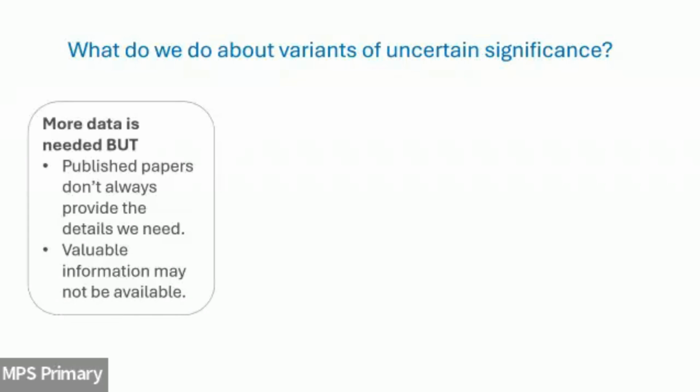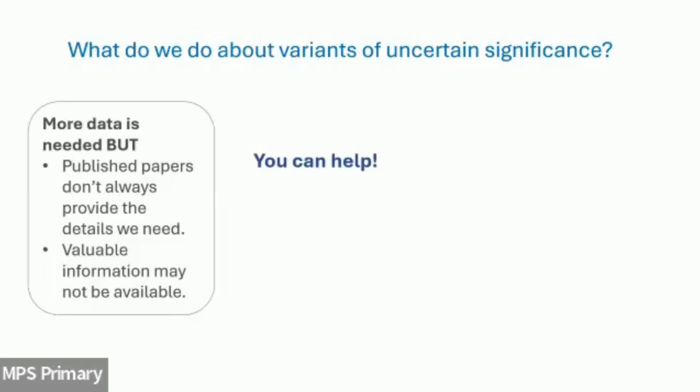Sometimes there's just a word limit that the journal has, or maybe it's just not the focus of their particular study to give all of this information. It may simply not be accessible to us. And also, there are many people out there who have not been in a scientific publication, so we would have no other way to get that information.